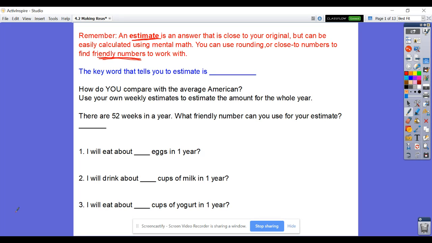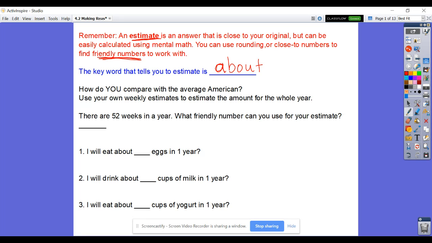Now, when you're reading a word problem, the key word that tells you to estimate is, do you know what it is? About. You might have said that. You'll hear it'll say about how many pages did she read in the year, or about how many pencils did the students use.